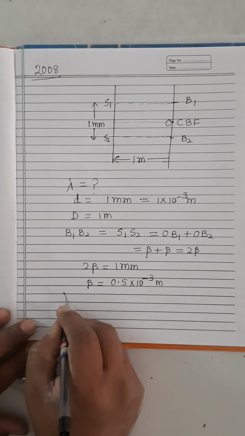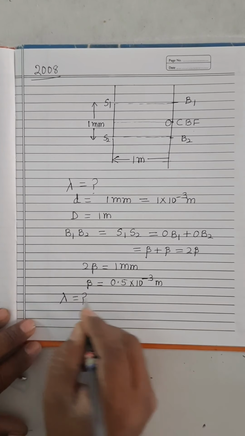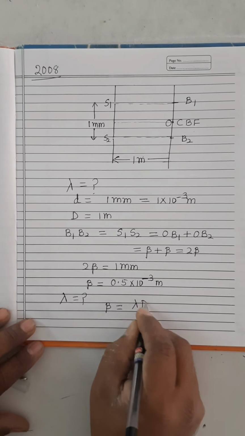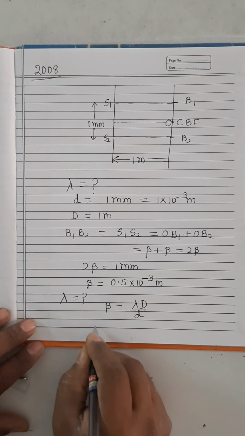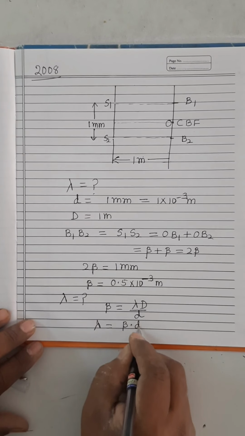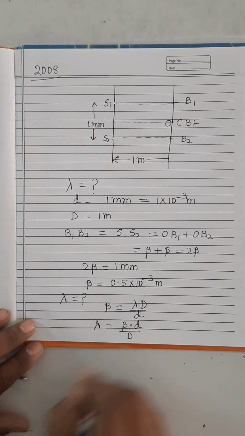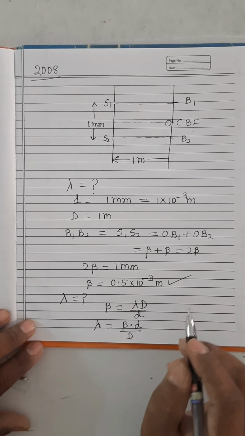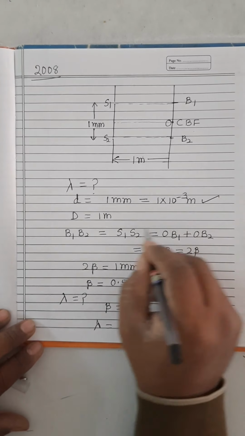Now you have to determine lambda. What is the formula of beta? You can use lambda D upon small d. So lambda will be equal to beta into d upon capital D. It's clear? So beta is given here, small d is this and capital D is this.